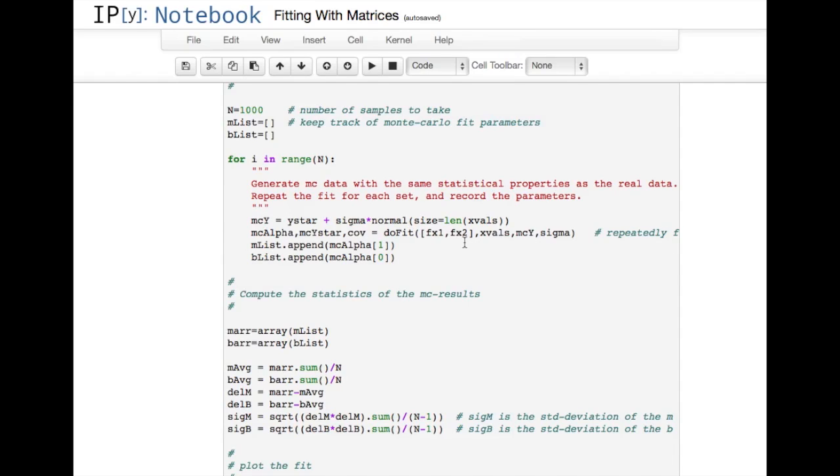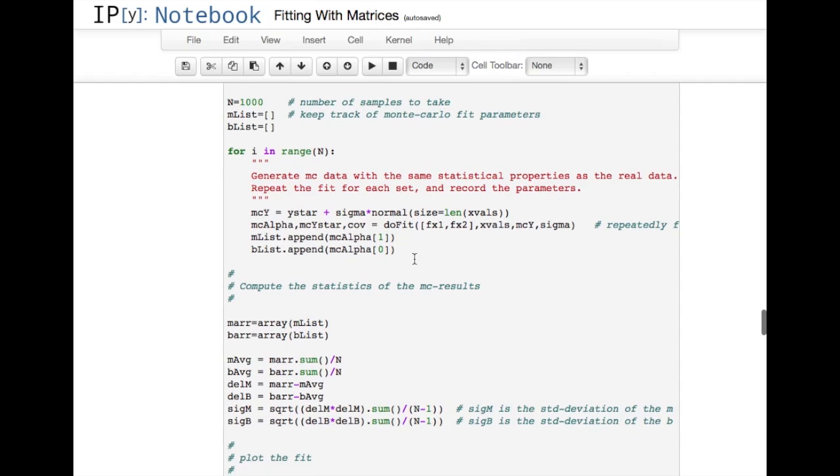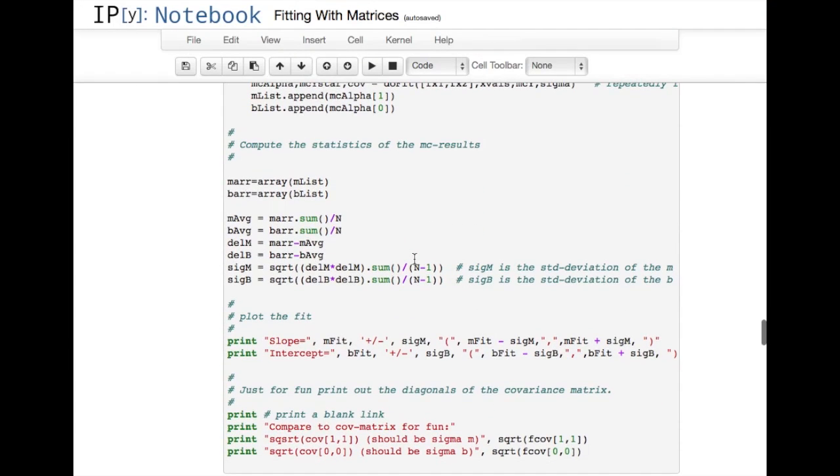I do a fit of this Monte Carlo data. See, it's MCY I'm fitting. I get a Monte Carlo alpha. I throw into the M list the Monte Carlo alpha M value, and in the B list I throw in the Monte Carlo alpha B value. And now I have a list of slopes and intercepts from each of these 1,000 fits.